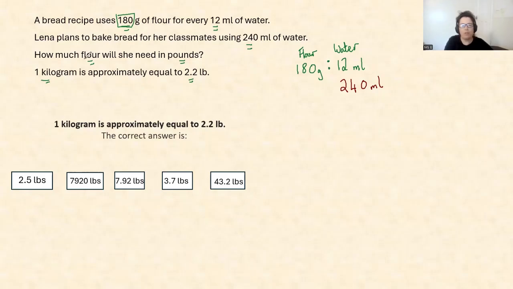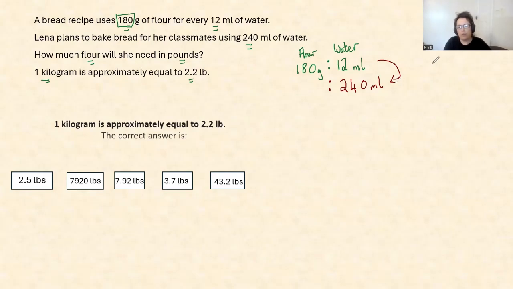Well, let's find out how much flour she needs, first of all, in grams. Then we will deal with pounds. Can you see a pattern between 12 and 240? What do I multiply 12 by to get to 240?